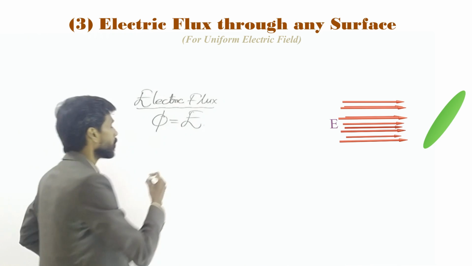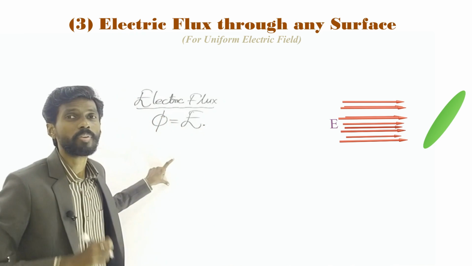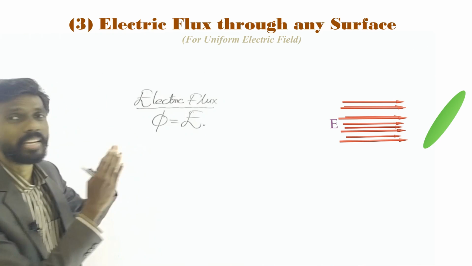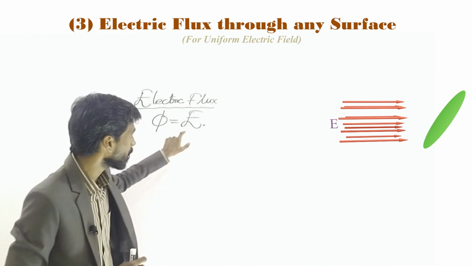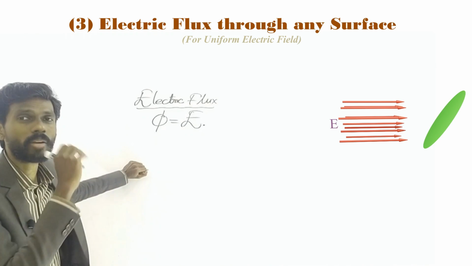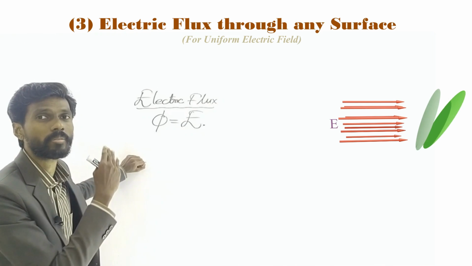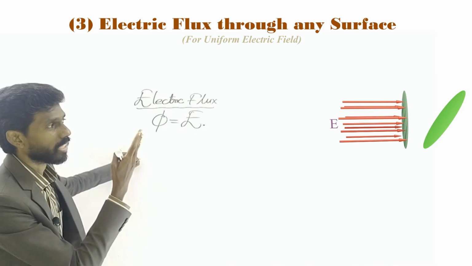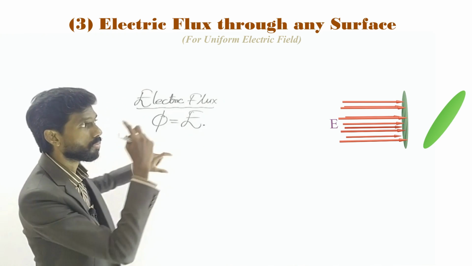So what we have to do is, instead of multiplying E by the area of the surface, here we will take the projection of this area in the perpendicular direction, because we want to use the formula E multiplied by area, but we cannot use it here because this area is not perpendicular. So you take the projection of this area in the perpendicular direction, and that should be used here instead of the area of the surface itself.